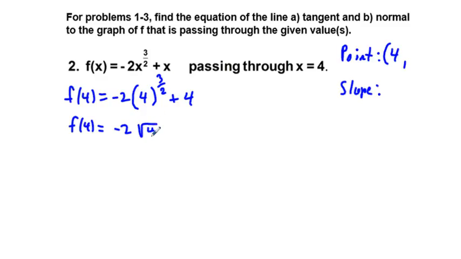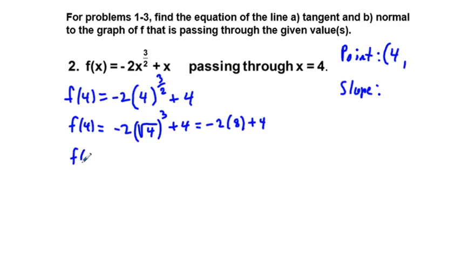This is going to be the square root of 4 to the power of 3, plus 4. And the square root of 4 is 2. So I'm going to put negative 2, and the square root of 4 is 2, and 2 to the 3rd power is 8, plus 4.